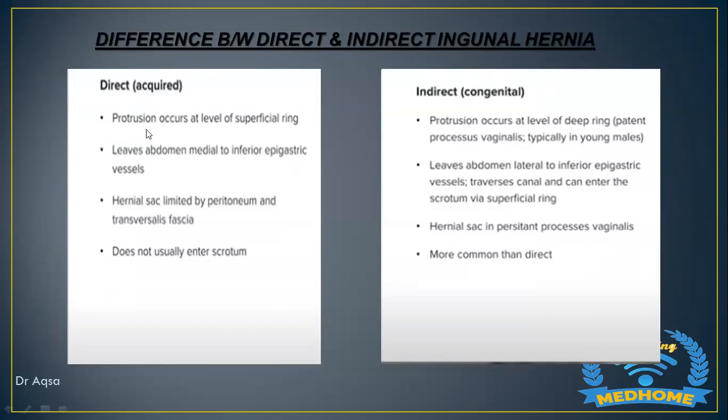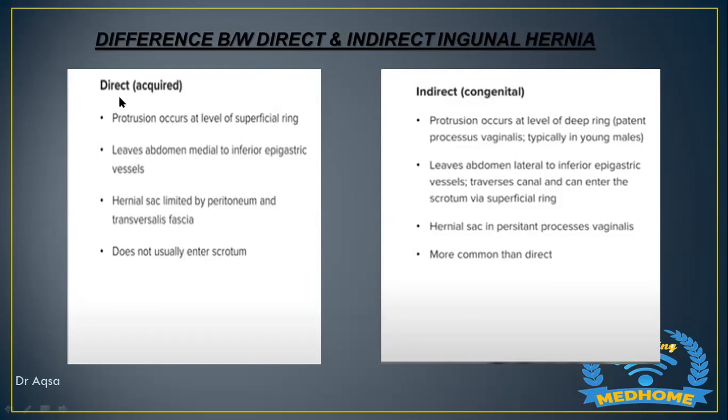Direct inguinal hernia occurs at the level of the superficial inguinal ring, that is, below, while indirect inguinal hernia occurs at the level of the deep inguinal ring, embryologically the processus vaginalis. It usually occurs in young males.